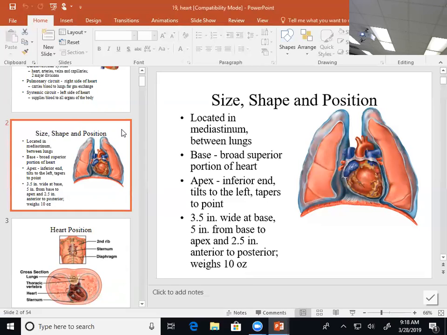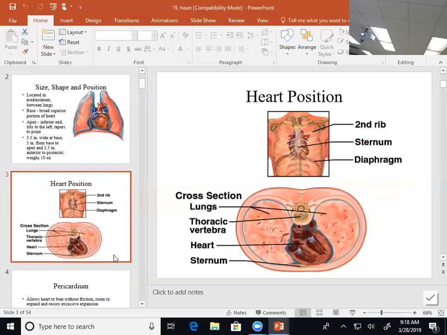The right lung has three distinct lobes, where the left lung has only what? Two. And it looks like there's this cutout where the heart sits perfectly. You don't need to know it right now, but you will when you get to the respiratory system. This is called the cardiac notch of the left lung, because this notch is where the what is sitting? The heart.